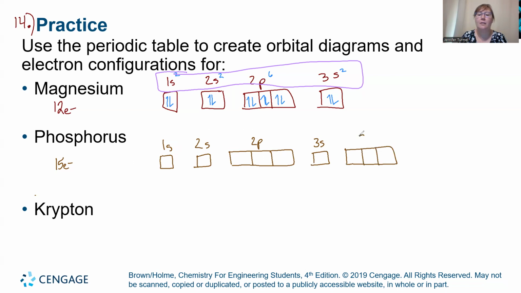Okay, now let's see how far we're going to go. And here we have 1, 2, 3, 4, 5, 6, 7, 8, 9, 10, 11, 12, 13, 14, 15. So our electron configuration will be 1s2, 2s2, 2p6, 3s2, and we only have 3 electrons in 3p, so that'll be 3p3.